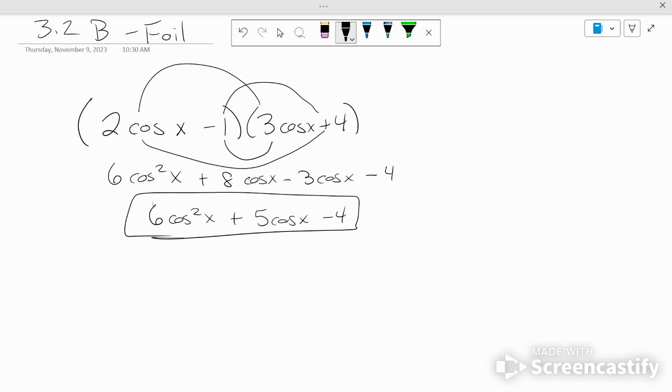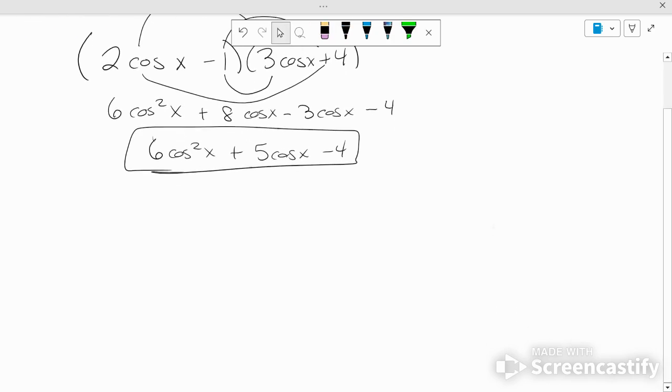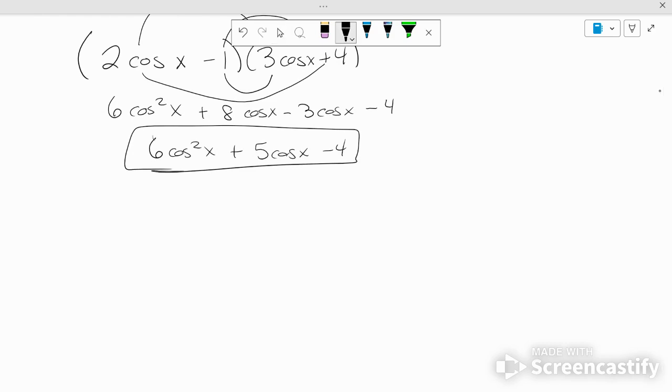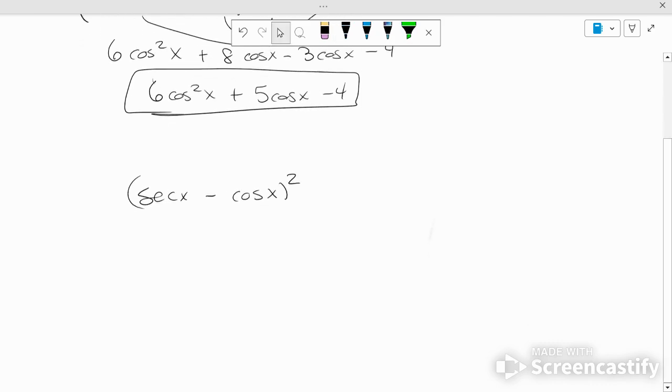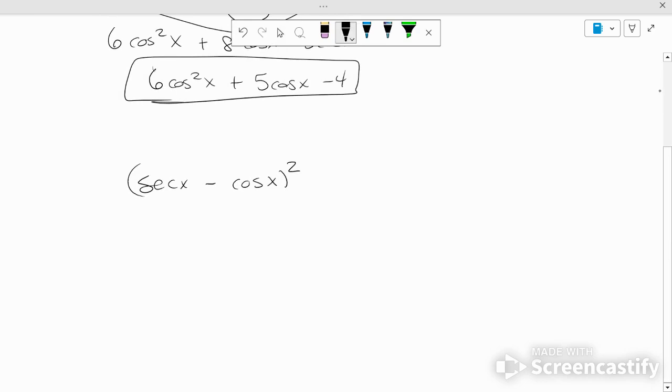Okay. Then what we'll get into is we'll have problems like secant of x minus cosine of x quantity squared. When you see a quantity squared, you should write it twice in FOIL.